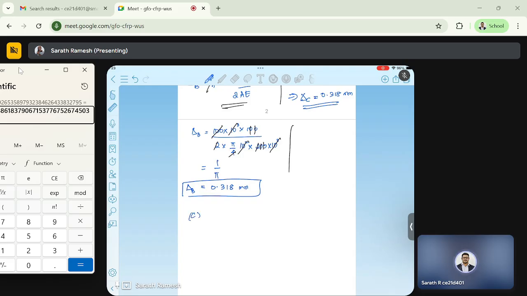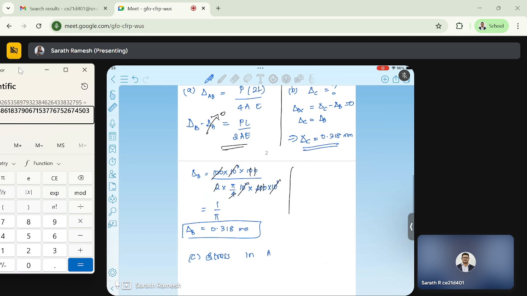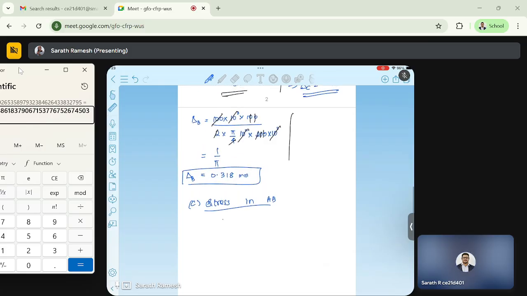So part C is stress in AB. Stress in AB, sigma AB, will be force in AB divided by area of AB. Area of AB is 4A, right?